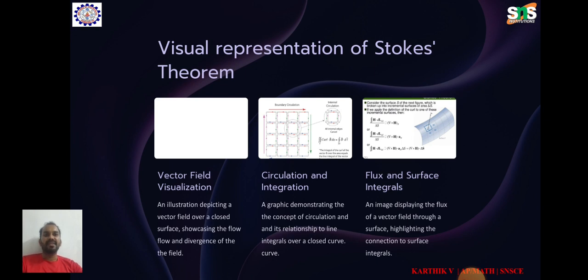This loop represents the boundary of the surface S. Second, surface S: S is a smooth oriented surface in three-dimensional space enclosed by the loop C. Vector field F is a vector field defined over a region containing S. Curl of F, denoted by del cross F. Flux through S: the flux of del cross F through S represents how much of the curl of the vector field passes through the surface. Circulation around C: the line integral of F dot dr represents the circulation of the vector field.